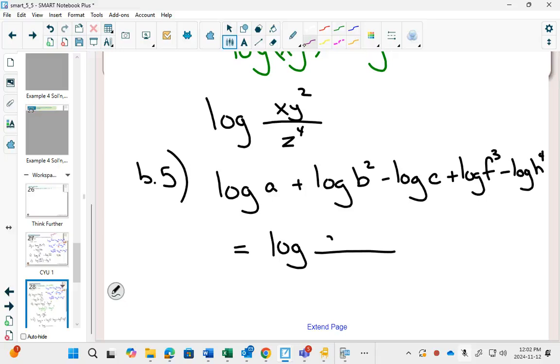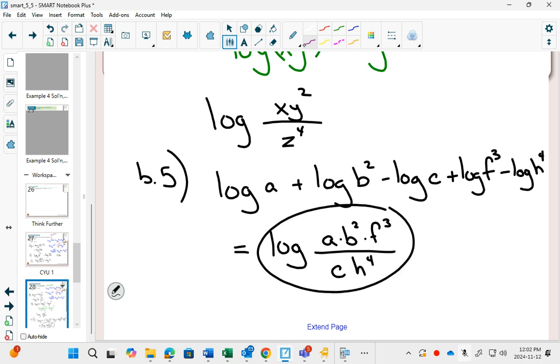So all of the positive ones will get multiplied together in your numerator. How many negative ones are there? There's a negative log c and a negative log h to the 4. So you would get a c and an h to the 4 on the bottom. And you can do it all in one step. It actually makes your life a lot easier with that shortcut. Trying to do them one part at a time, negatives get in the way and we end up making too many mistakes.